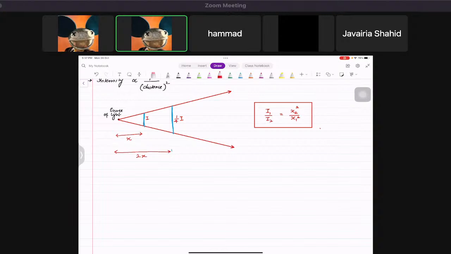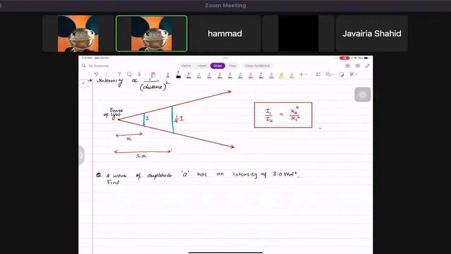First of all, they say a wave of amplitude A has an intensity of 3.0 watts per meter square.